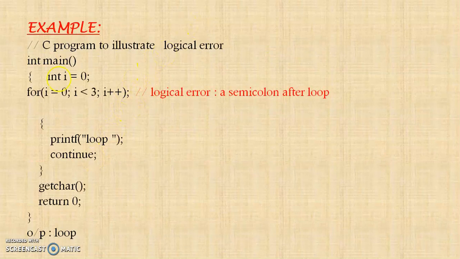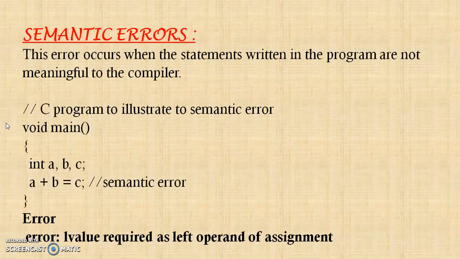Here, generally a for loop should not end with a semicolon, but it is not a syntax error. Even after giving the semicolon it leads to a logical error, a semicolon after the for loop.